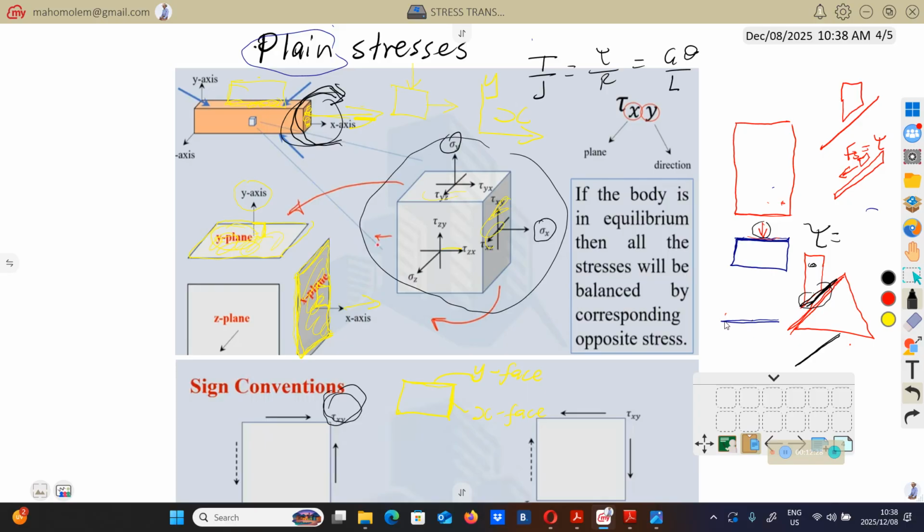We've seen that when the plane is horizontal, there won't be sliding, there won't be shear stress. I'm just talking about this scenario. It's not always the case that when the plane is horizontal, the shear stress is zero. Here, the plane can be horizontal, but because of the torque, the shear stress will be there. I just want to make the point that as you change the plane, the magnitude of the shear stress gets affected as well.